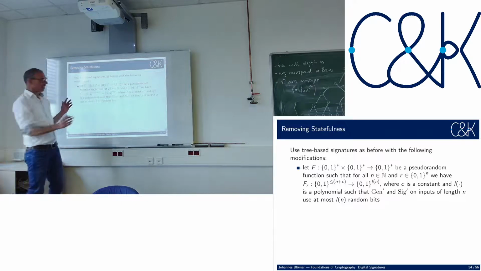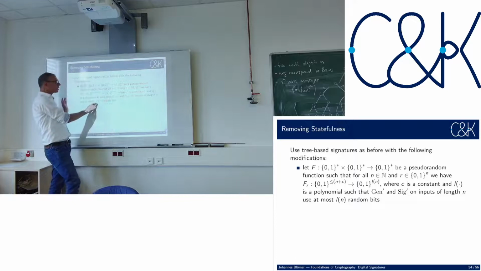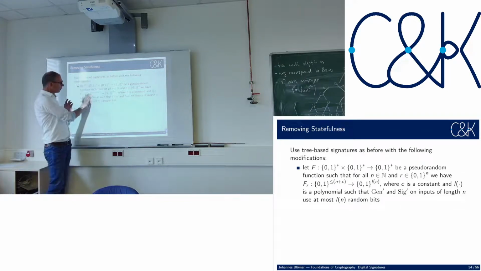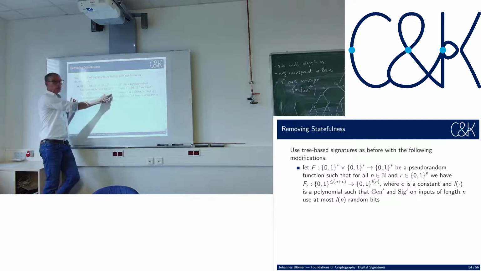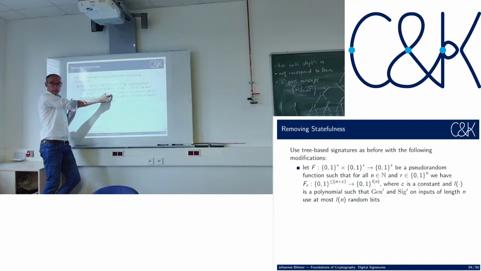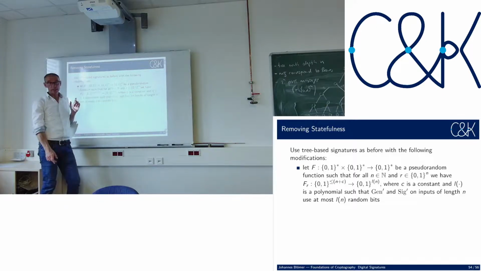These algorithms on inputs of length n use at most L(n) random bits. So the function produces L(n) pseudo-random bits, which can be used as random seeds to run these algorithms.